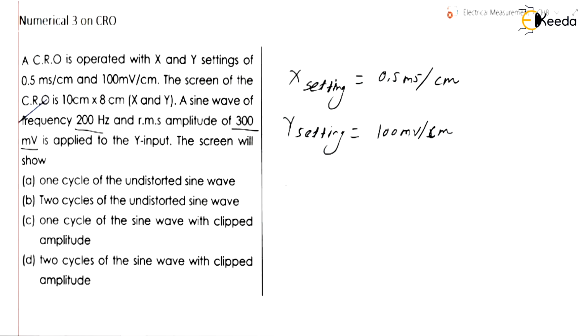The screen's X length is 10 centimeter and Y length is 8 centimeter. Next, X length is 10 centimeter and X setting is 0.5 millisecond per centimeter.